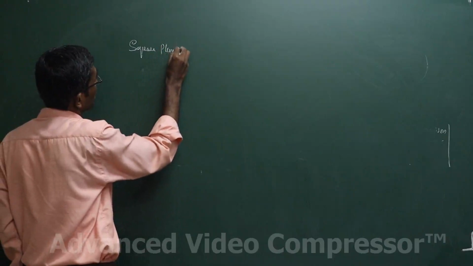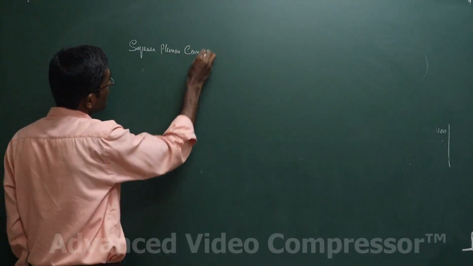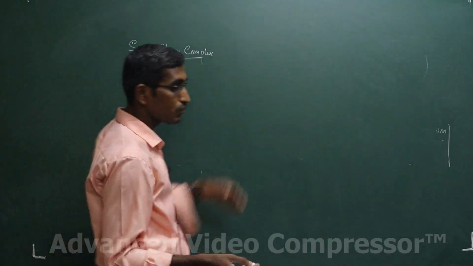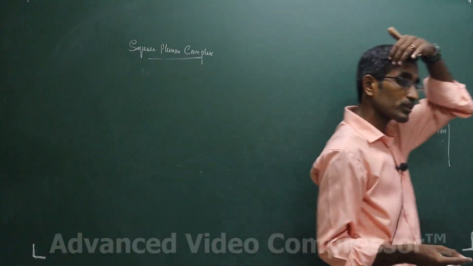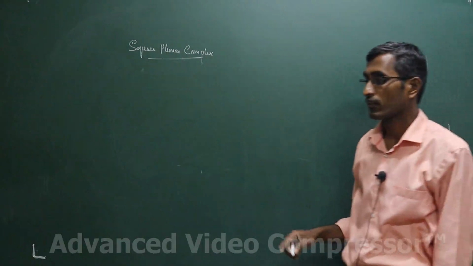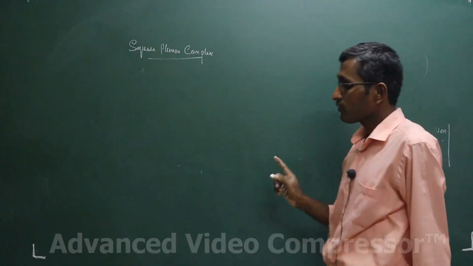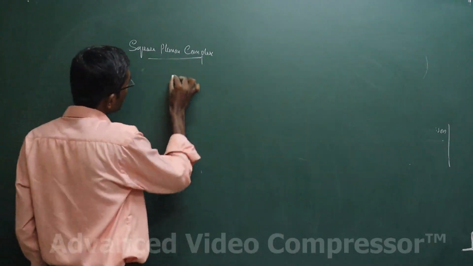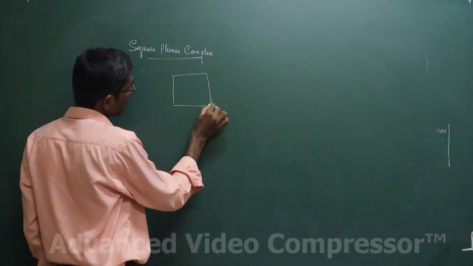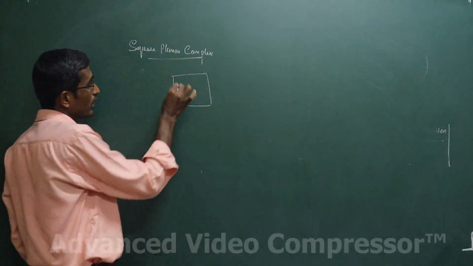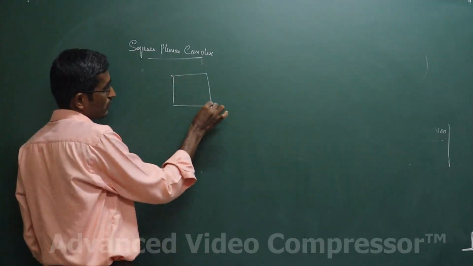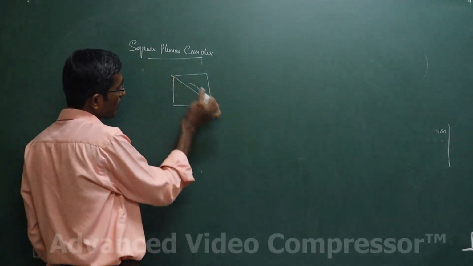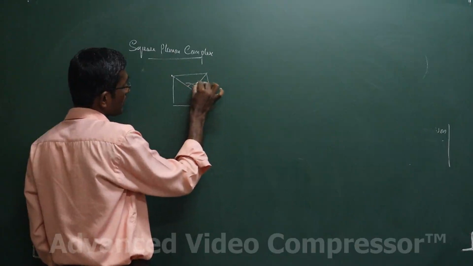Square planar complex. We know the condition to be satisfied for showing geometrical isomerism, and also optical isomerism. For showing geometrical isomers, the condition is that there should be an opposite side. If you have a square, this is opposite to this. That means we have a 180 degree angle, and this other angle is 90 degree.